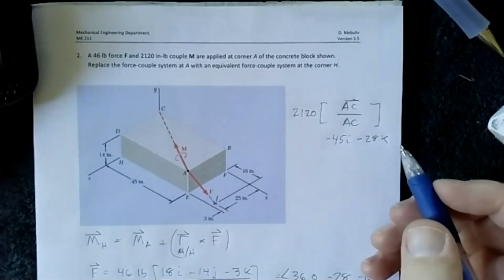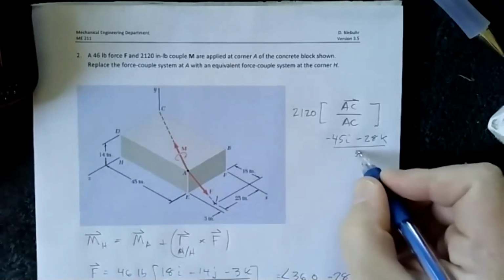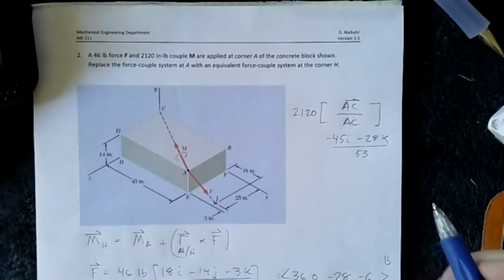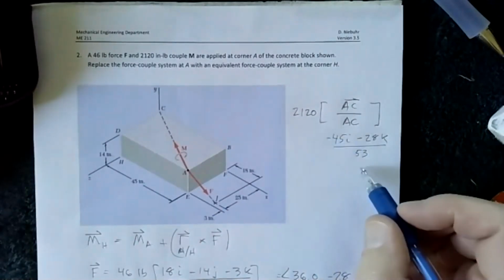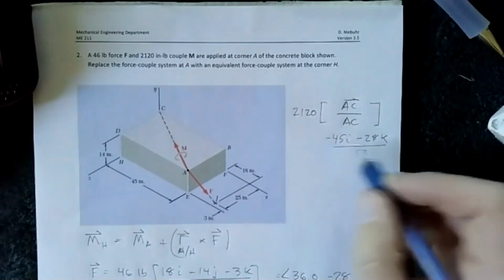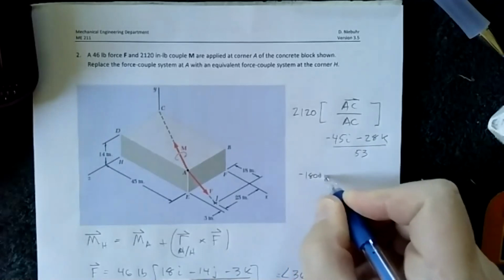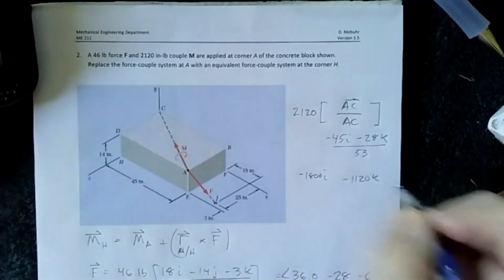All right. And so if we square root that, it turns out to be a nice triple triangle, 53. And so what we end up with is we multiply the 2120 by this, we end up with negative 1800I and minus 1120K.